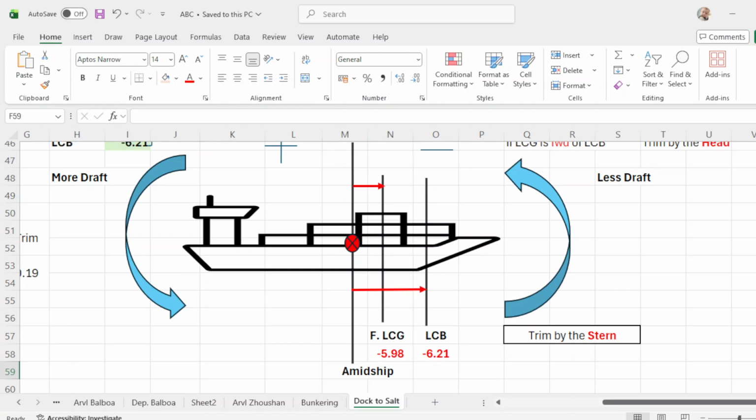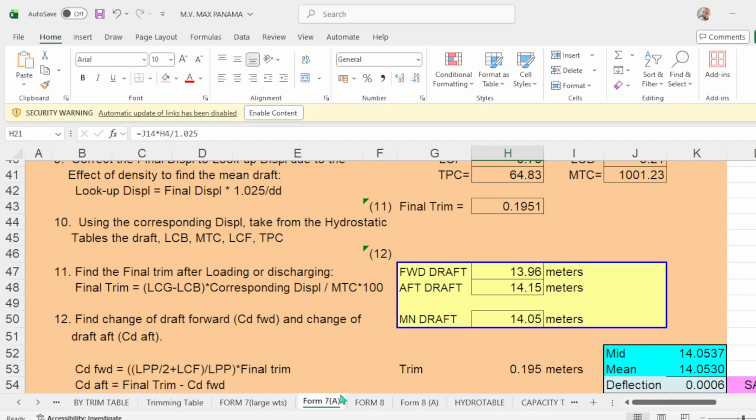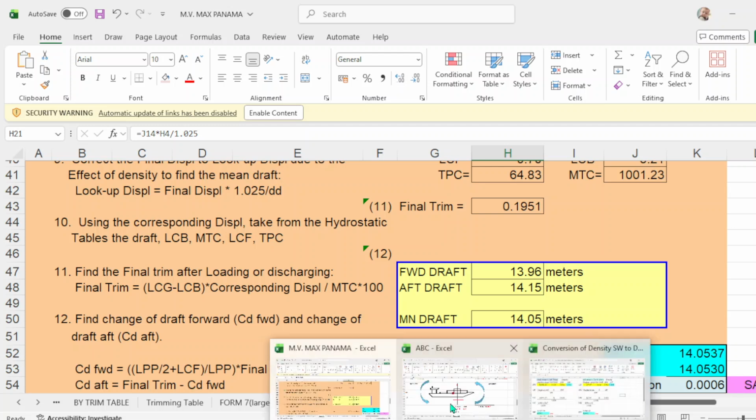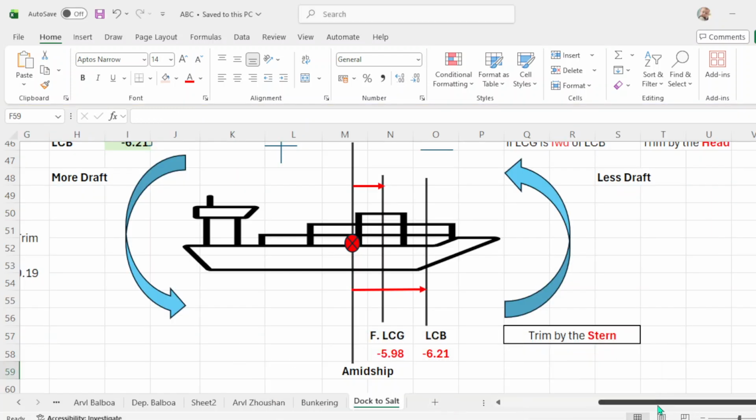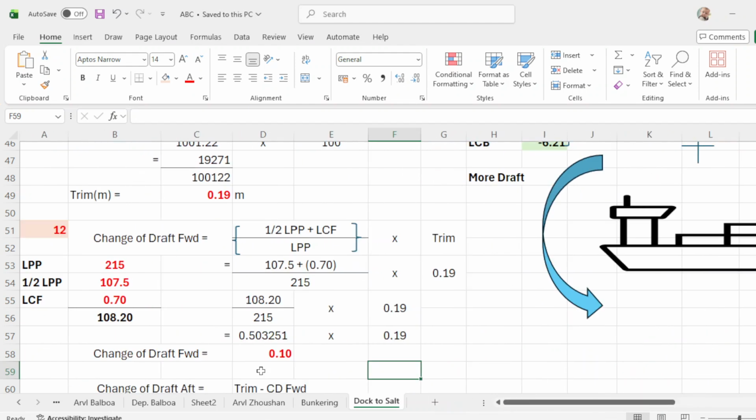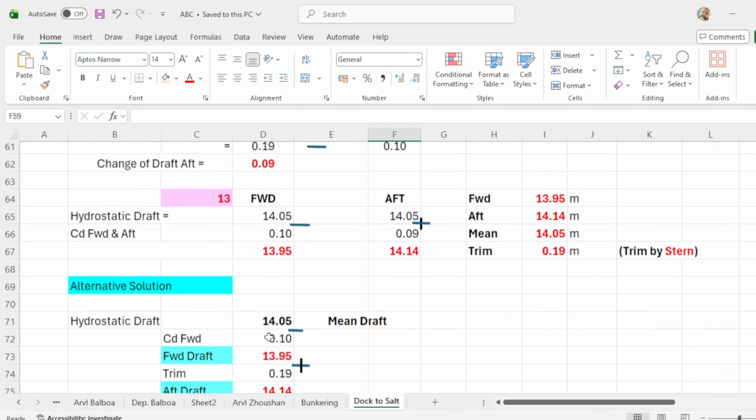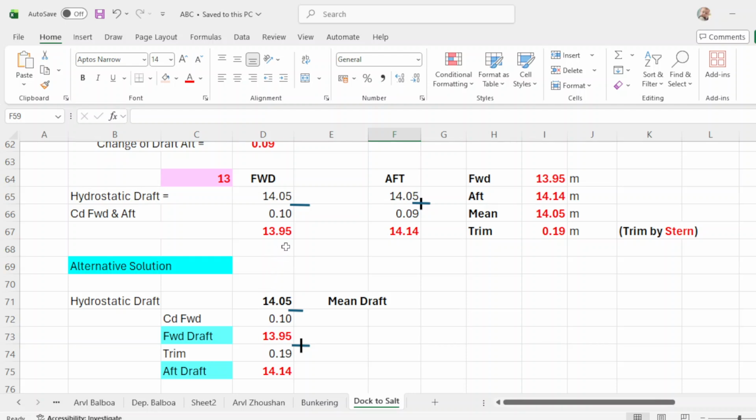So the final drop by the program is 1395, 1396 forward. The manual forward is 1395. Up is 1414.